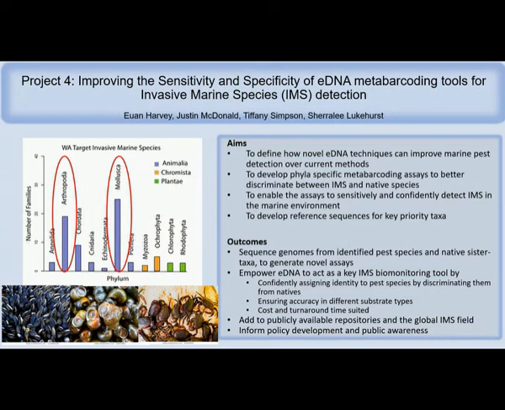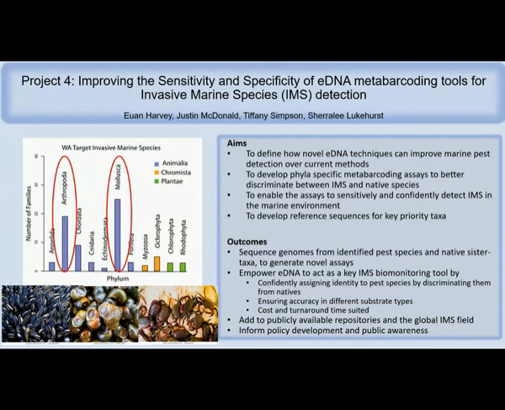So for example, we could have a range of native barnacles, but we also know that barnacles are one of the challenges that we have with species coming in on vessels.